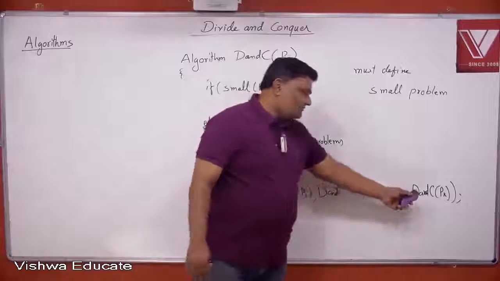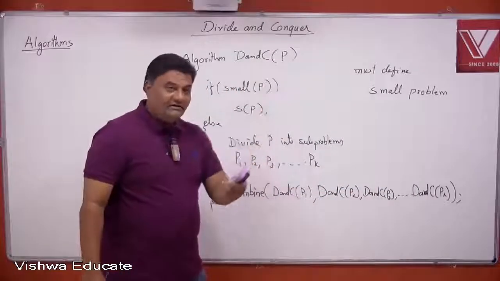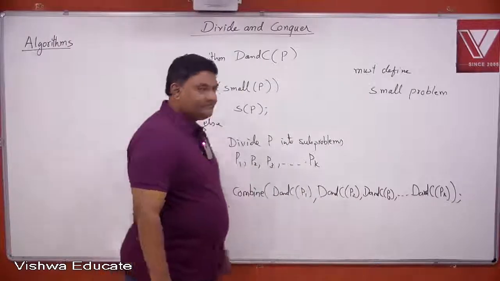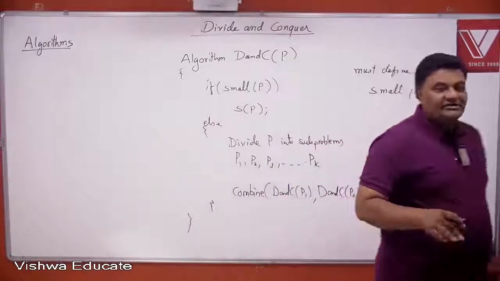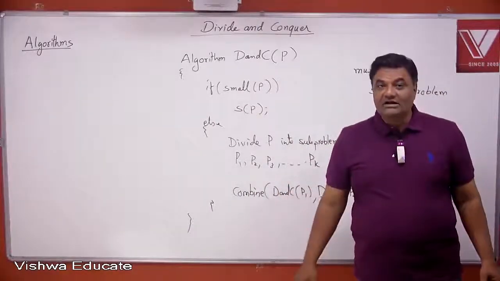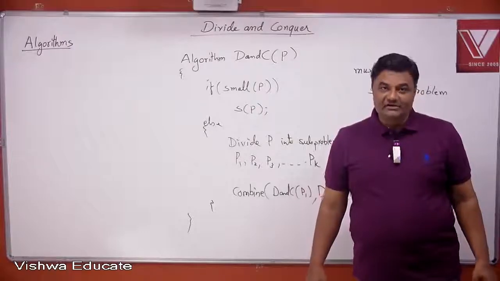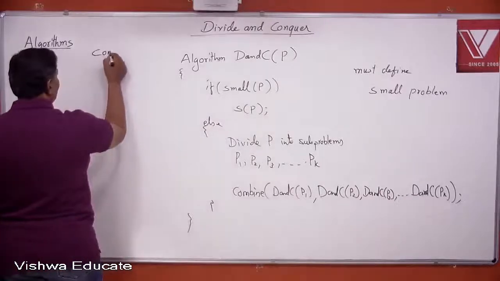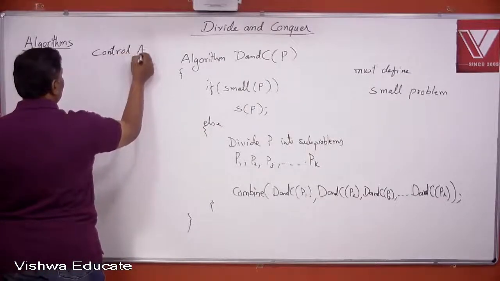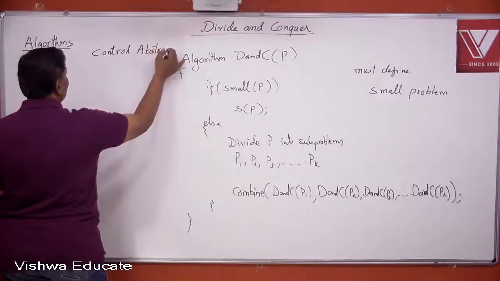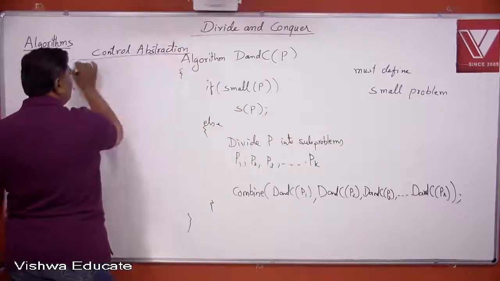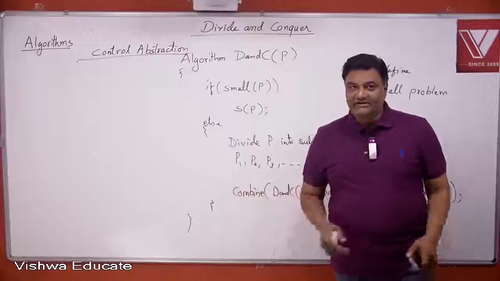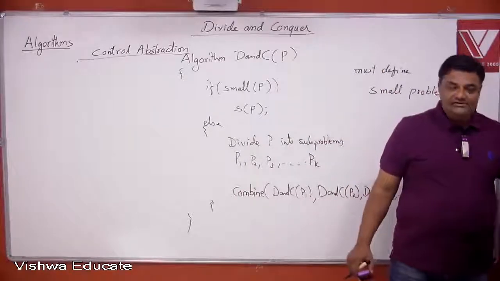Solve all sub-problems by applying divide and conquer again. So I already told you that it is recursive, and combine all their solutions. So take this. This is the general form of divide and conquer, or the control abstraction of divide and conquer. What we have just discussed in words, we have written algorithmically. Copy this control abstraction.